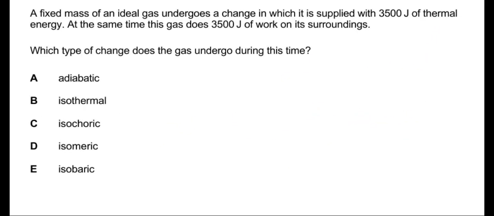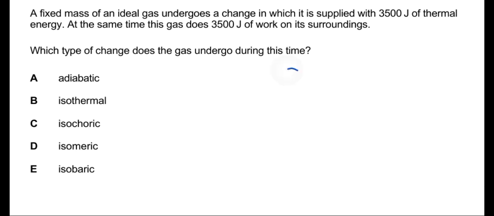A fixed mass of an ideal gas undergoes a change in which it is supplied with 350 joule of thermal energy, and at the same time the gas does 350 joule of work on its surroundings. So what type of change does the gas undergo?